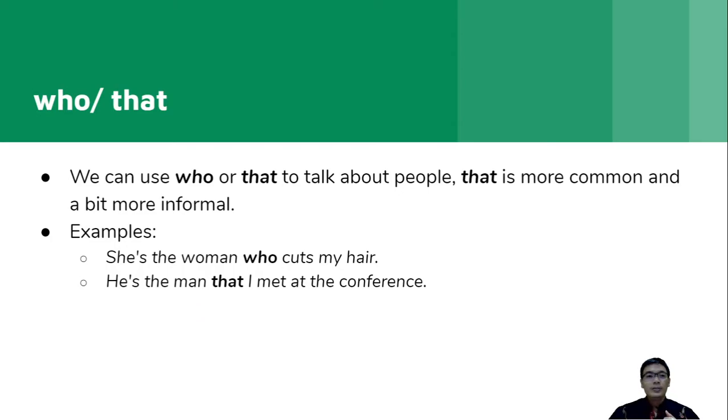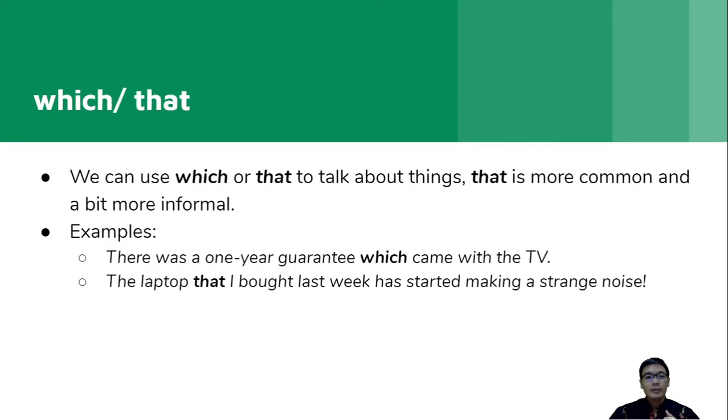Let's continue to the next relative pronoun, which or that. We can use which or that to talk about things. That is more common and a bit more informal. Let's take a look at the examples. There was a 1-year guarantee which came with the TV. Why do we use which?